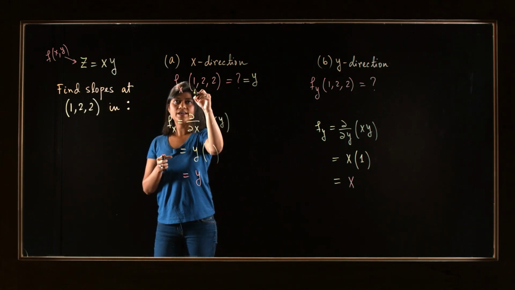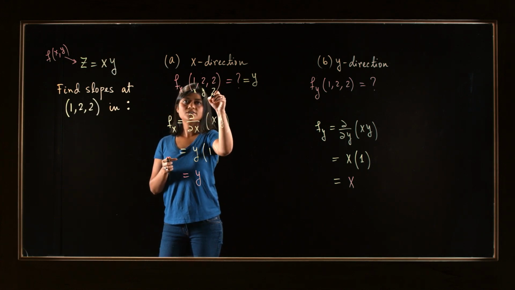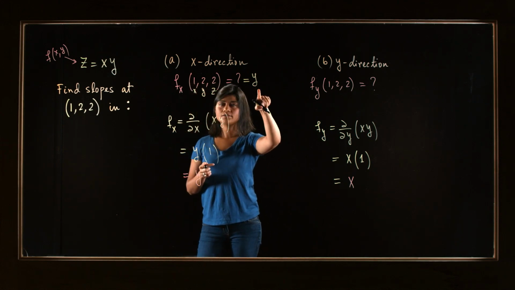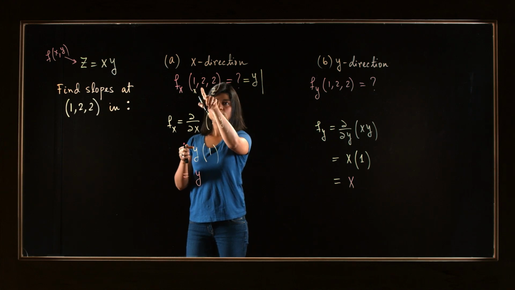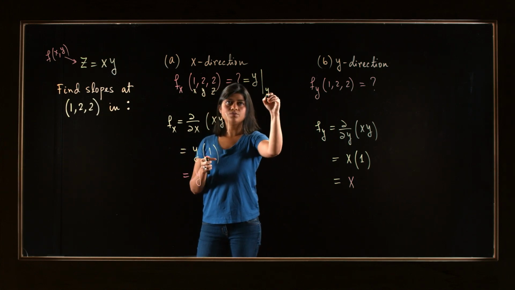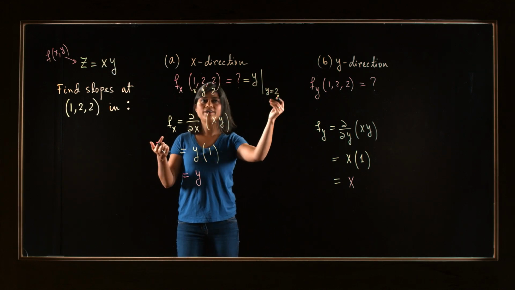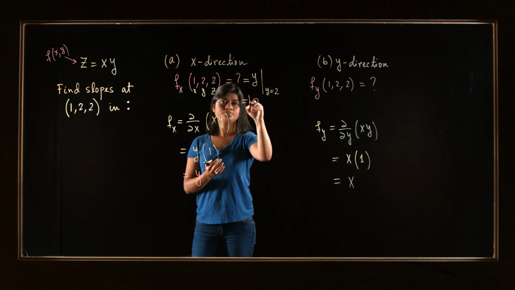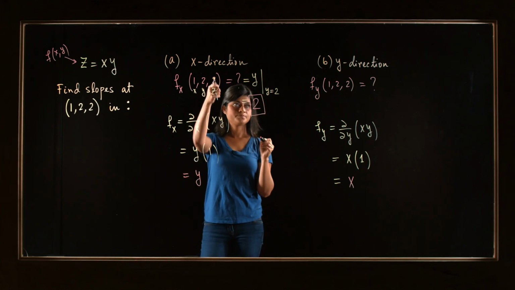So 1 is the x value, 2 is the y value, and this 2 is the z value. And our expression is y. So we have to plug in what? The y value, right? y equals 2. And the expression just has y. So what is the value? The value is 2. So that is the slope in the x direction.